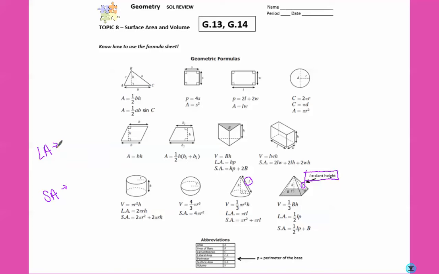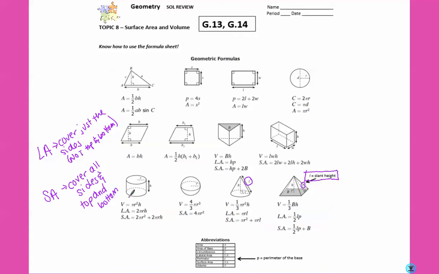Surface area and lateral area. Surface area means cover all sides and the top and bottom. Lateral area means cover just the sides, not the top and bottom.